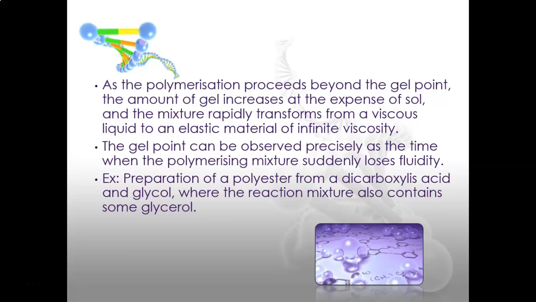The onset of gelation, or the gel point, is accompanied by a sudden increase in viscosity, such that the polymer undergoes an almost instantaneous change from a liquid to a gel. The polymer is then a true network polymer, and the cross-link density will increase.